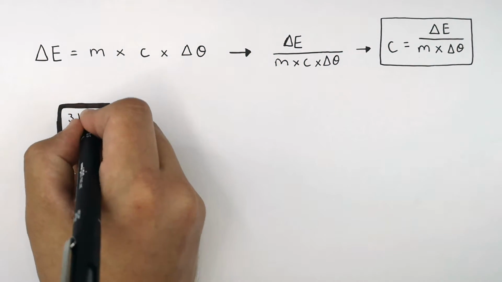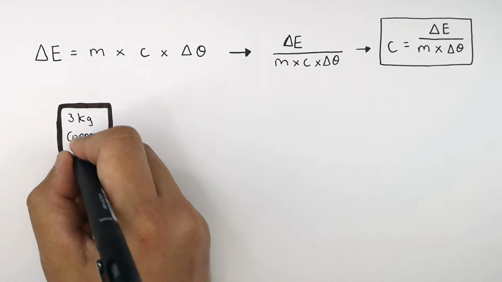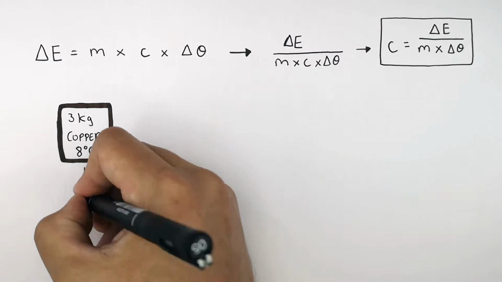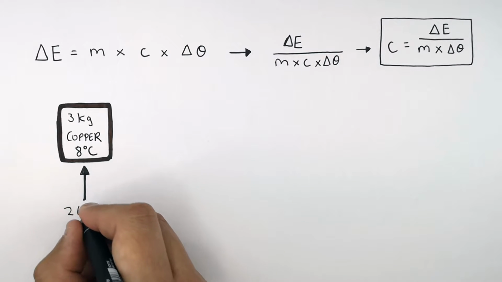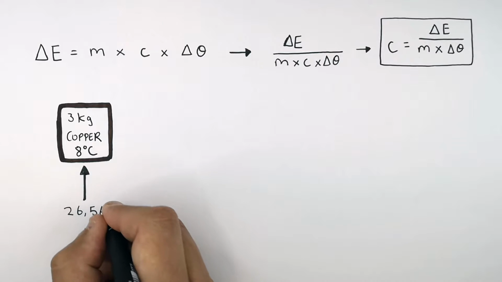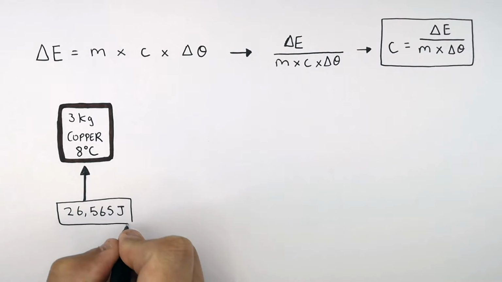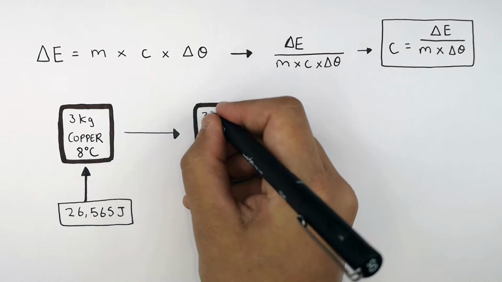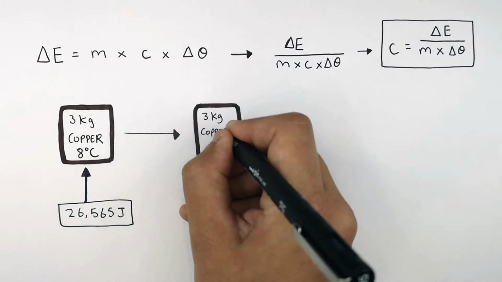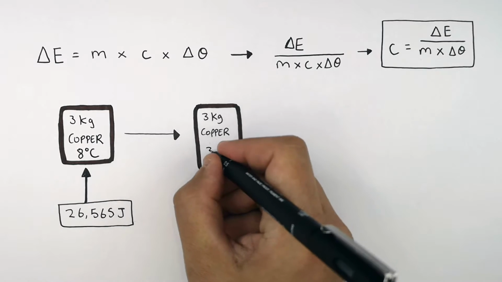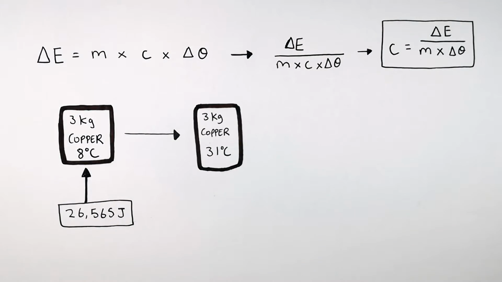So we've got a 3 kilogram block of copper, which is at 8 degrees Celsius. 26,565 joules of energy have been transferred into a thermal energy store of this copper. And this 3 kilogram block of copper increased its temperature from 8 degrees Celsius to 31 degrees Celsius.